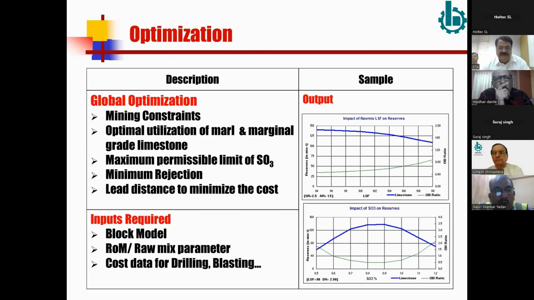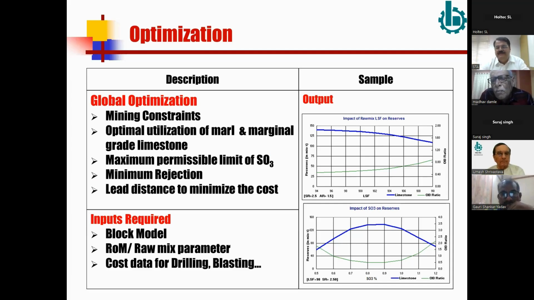Now, the global optimization is carried out. For this, we have customized software QSO as well as Athos Geo. So in global optimization, the marl, marginal grade limestone and limestone are all considered as usable, and the impact of chemical modules like LSF on reserves has been studied under various parameters. From the sample output, you can see that with the increase of LSF, the reserves are going down and the OB ratio is increasing.